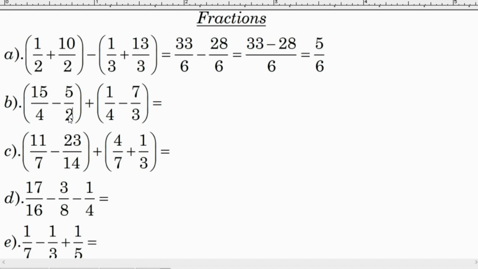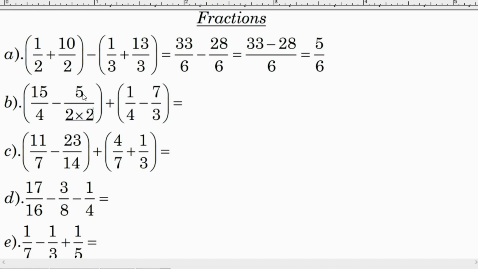So we just have to multiply 2 here with 2. So 2 multiplied by 2 equals 4. So we multiply the denominator with 2 and we also multiply the numerator with 2. And here which is equal to 10, right? And then here 2 multiplied by 2 equals 4.